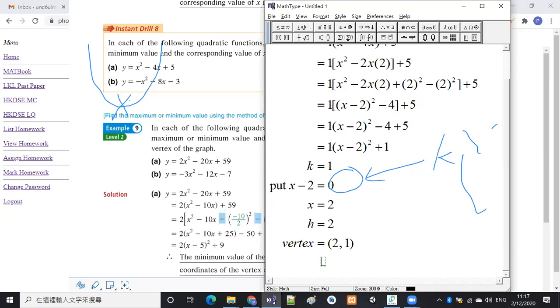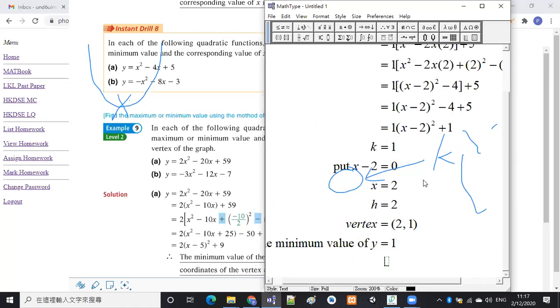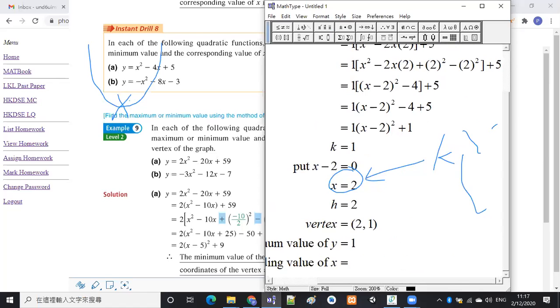Okay, so you just answer the question. The minimum value of y is the k value, which is 1. Okay, and the corresponding value of x will be the h value, that is 2, like this. So that will be the answer.